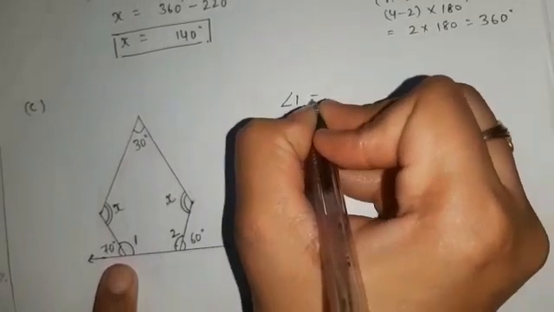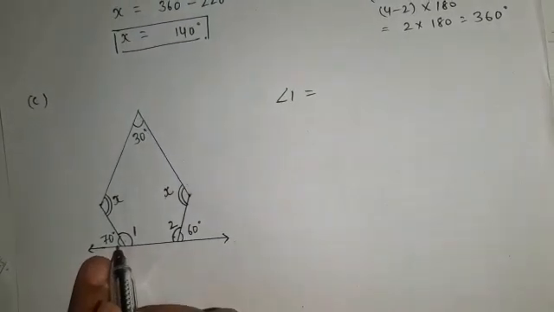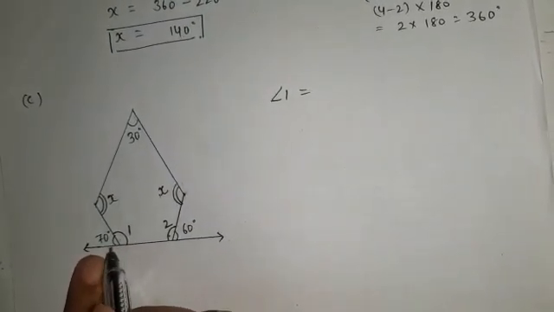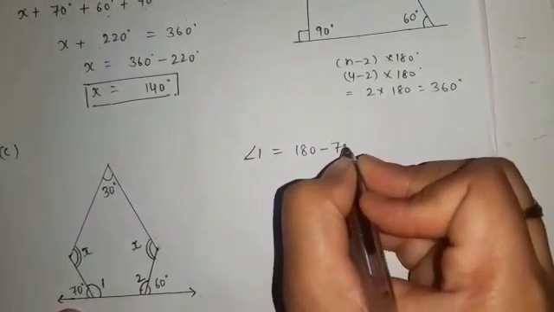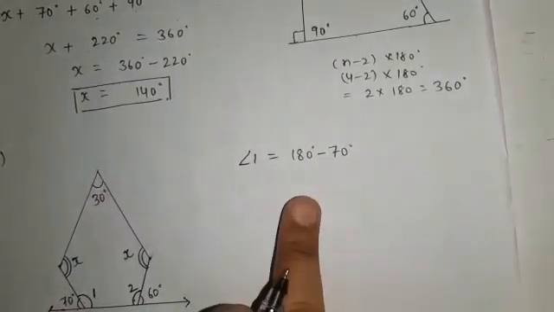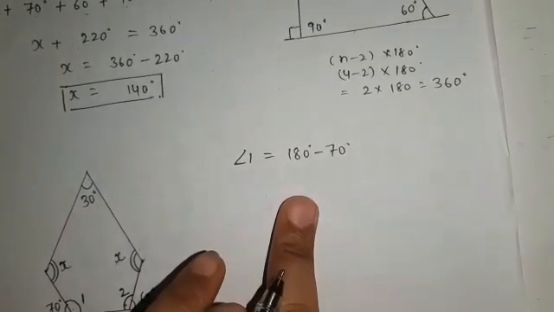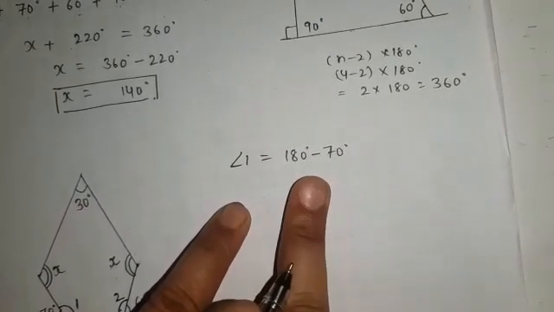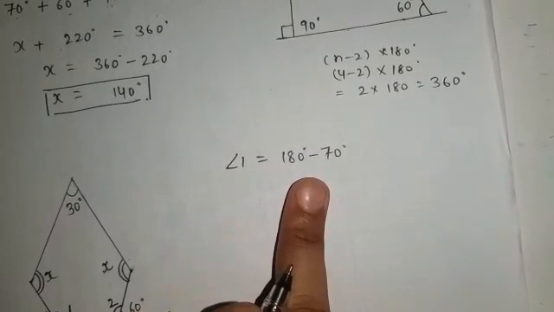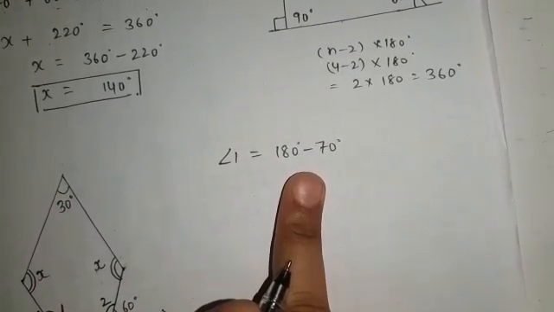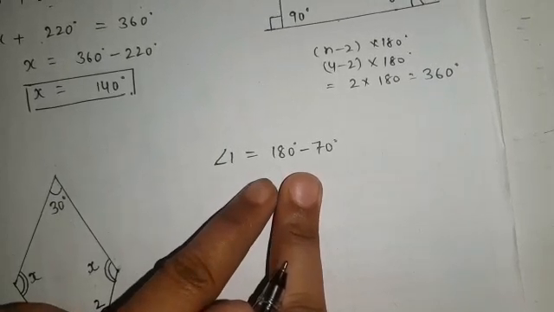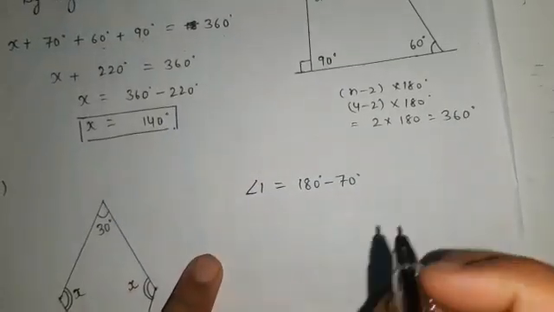So angle 1 is equals to, see, the exterior angle with angle 1 is 70 degree, so it will be 180 degree minus 70. Whenever we have to convert exterior into interior, we subtract the angle from 180 degree, and the same is with the opposite case. When we have to find exterior using interior, then also we subtract the angle from 180 degree.